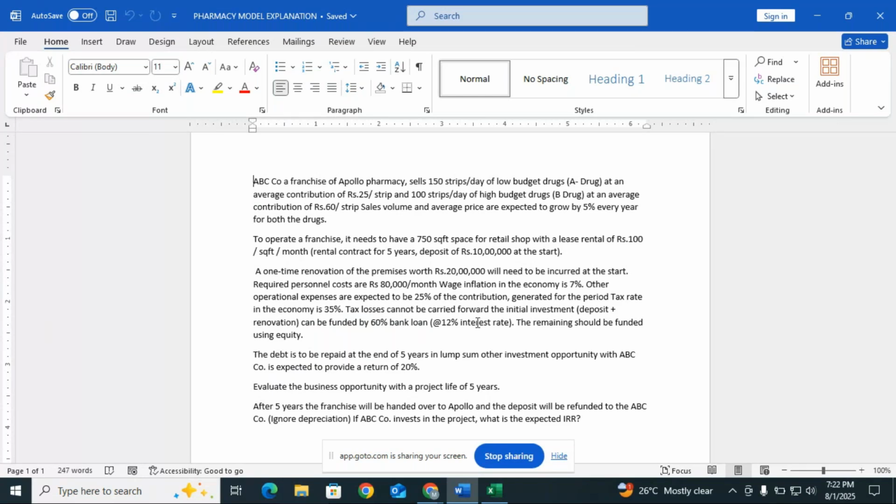So sales volume and average price are expected to grow by how much? It is 5% every year for both the drugs.